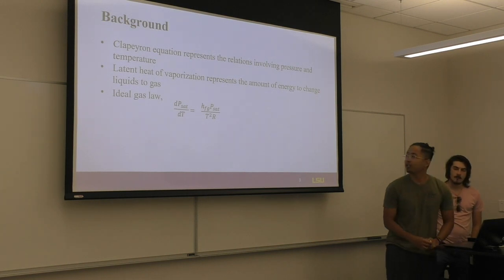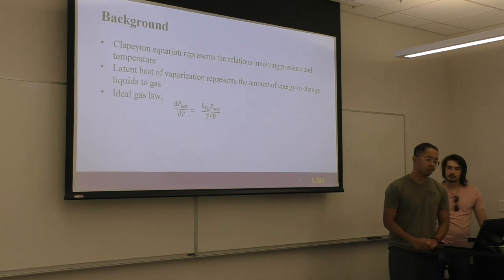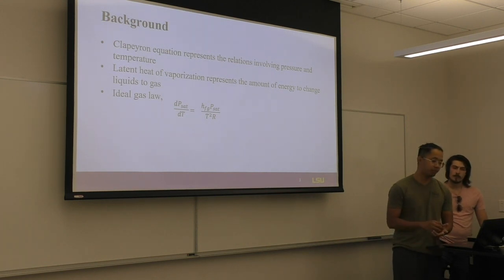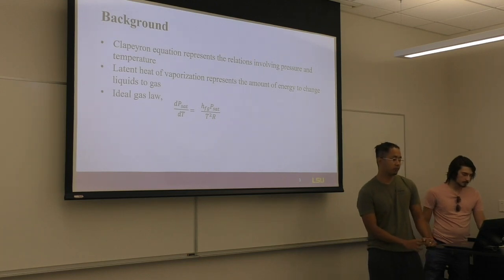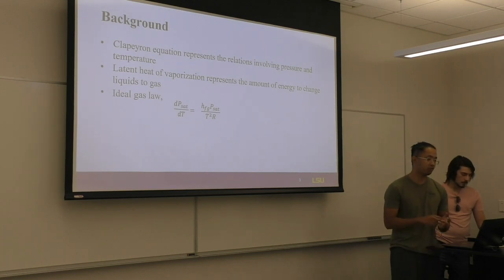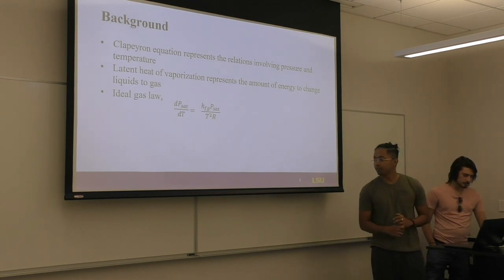For the background, the Clapeyron equation represents the relationship between saturated pressure and temperature. The latent heat of vaporization is the amount of energy to change liquid to a gas. And the ideal gas law: we will be using PV = RT, if you remember that from thermo.